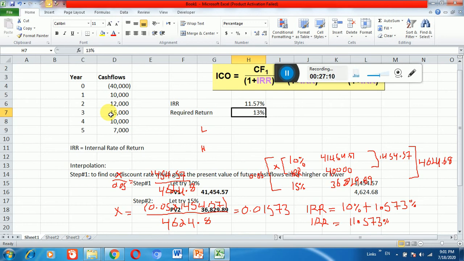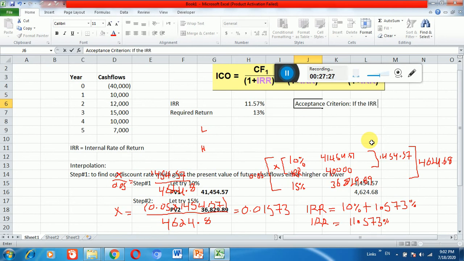So you can say the acceptance criterion. What is the acceptance criterion for this project? If the IRR is greater than or equal to the required return, then what do you have to do?